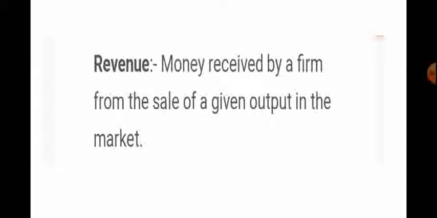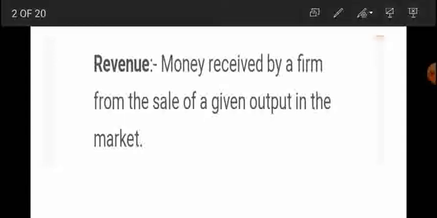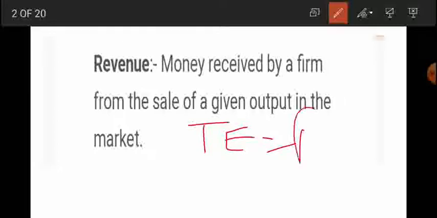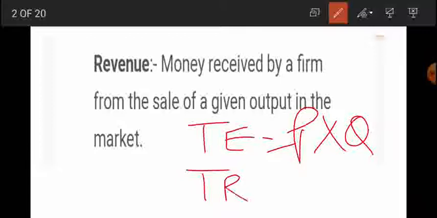Dear students, as we have studied about the concept of total expenditure, it refers to the expenditure made by a consumer on purchase of a given level of a commodity. That is, total expenditure is equal to P into Q. Similarly, what is total revenue? Total revenue refers to the money received by a firm from the sale of a given level of output.